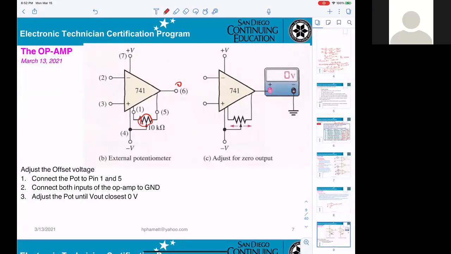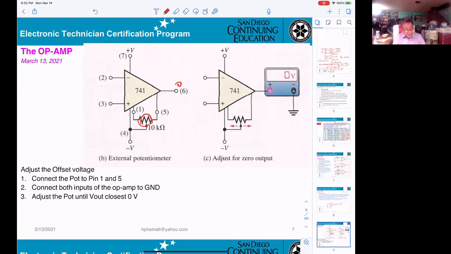So if you measure the output and it is not 0 volt, then you can adjust that resistor until you get 0. I believe you will work on this in the lab.